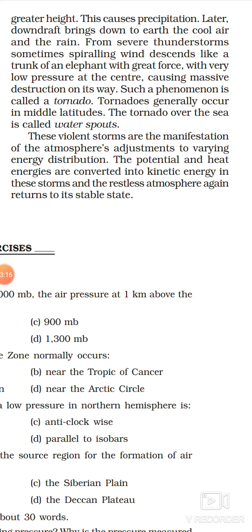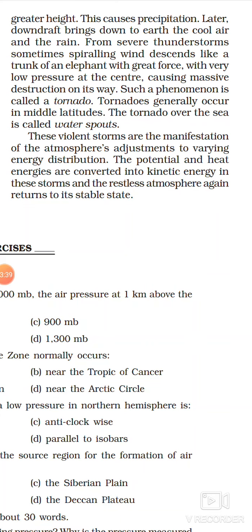After that the monsoon will come. Monsoon will bring thunderstorms, cyclones, hurricanes, tornadoes, everything around the globe. So these are the phenomena which keep changing in the seasonal cycle, and this is all about this.